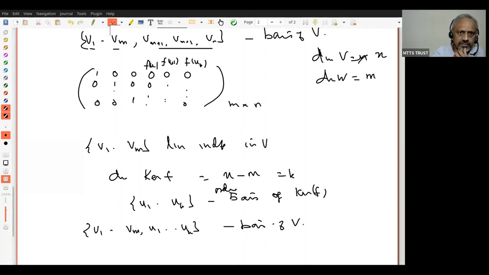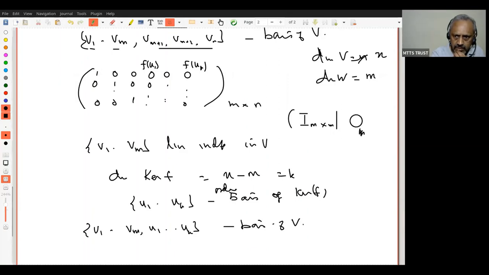Let me write carefully. That's it. So this matrix is the identity m cross m, and this is a zero matrix. And how many columns? m rows and k columns. This is a zero matrix. So again, we found a pretty looking matrix representation.